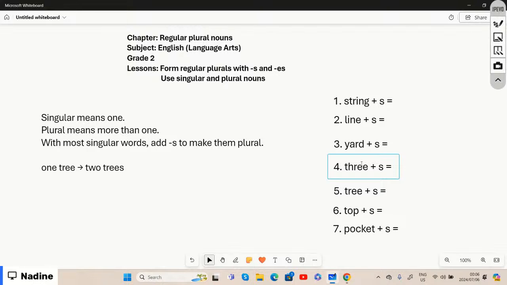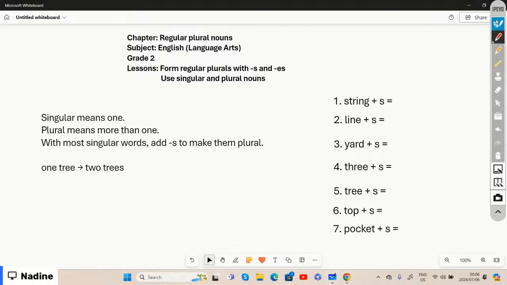With most of our singular words, we just add an s to make them plural. So for example, we'll have one girl that we talk about, and then we would say that there are two girls.